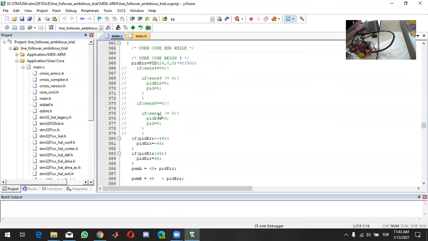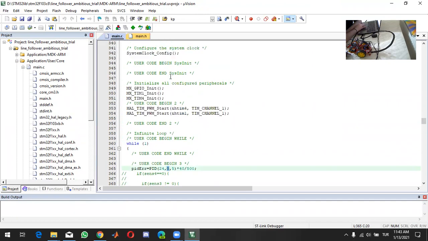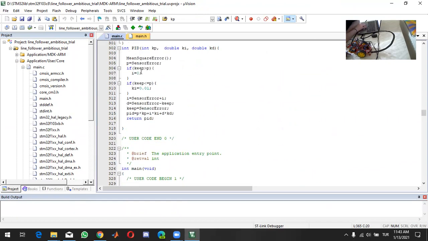I give KI 0 here, but there is some error which we'll store in the keep variable. It can be said it is the previous sensor error. Okay, we will keep it. After all, we just compare keep and the P value. The P value is the new sensor error.